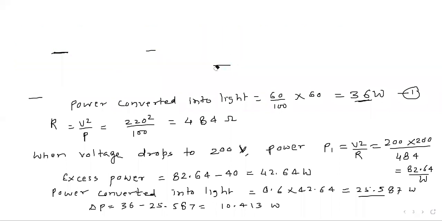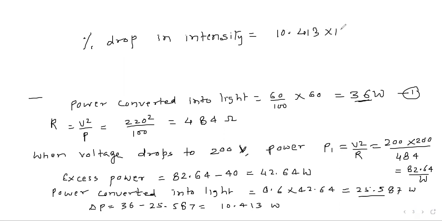So, we have to make the comparison from this 36 watt. So the percentage drop in intensity will be 10.413 into 100 divided by 36. So this will be equal to 28.9%.